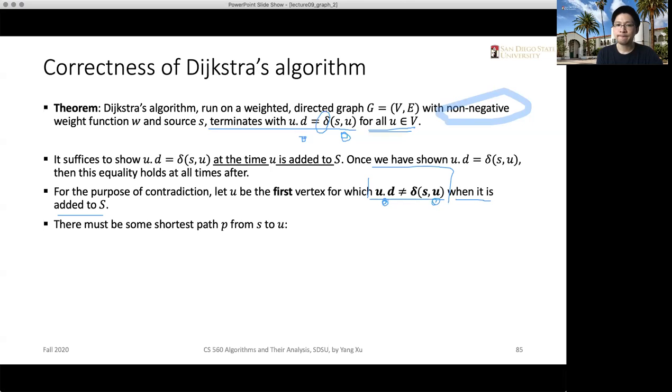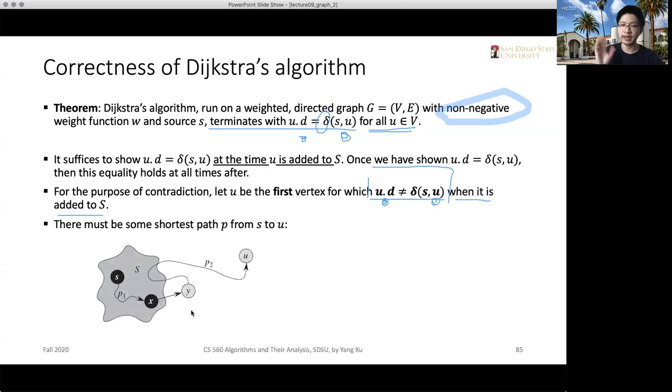Because there must be some shortest path P from the source to u, we can imagine that from the source to that target vertex u, we can always draw some path like this. Okay, we can see that s and x are already extracted, they're already in S. So I can use this path P1 to indicate the path from s to x.